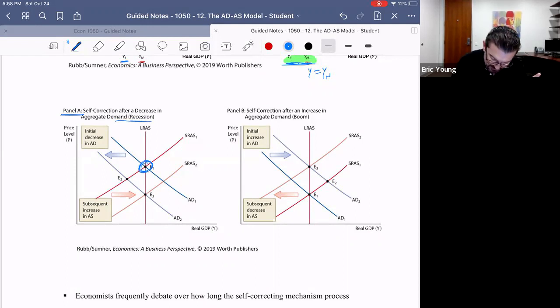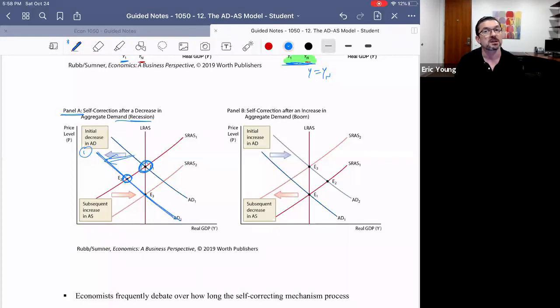First thing that happens, there's something that's gonna drop AD. So the AD curve is gonna shift to the, let's put this in blue here, it's gonna shift to the left, and that will take us to this new short-run equilibrium, which is obviously to the left of our LRAS. It's a recessionary gap.